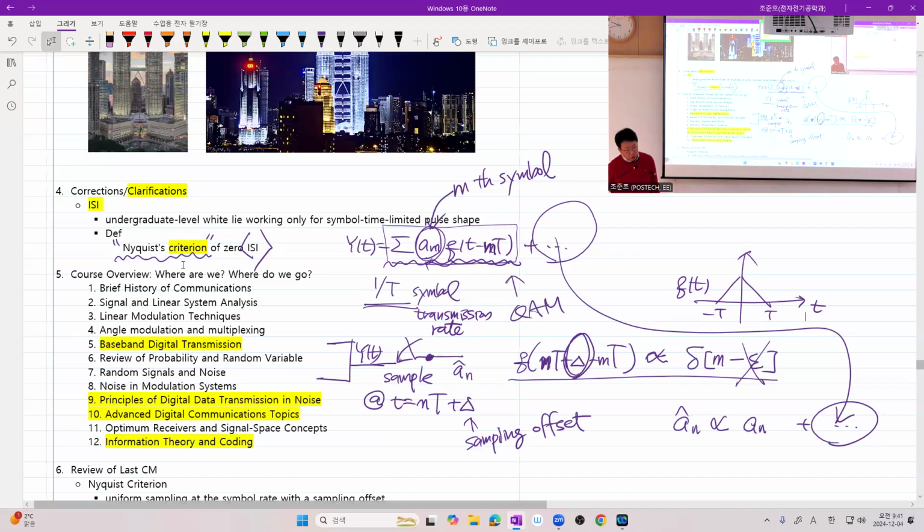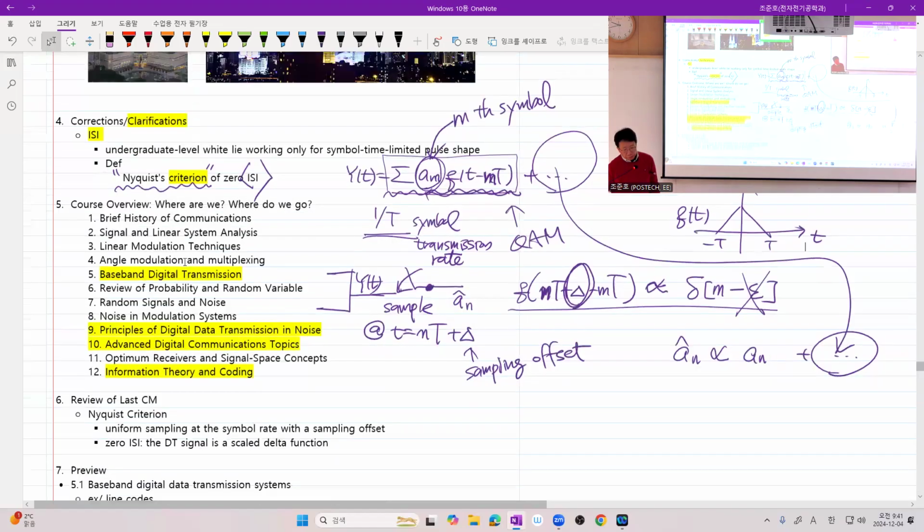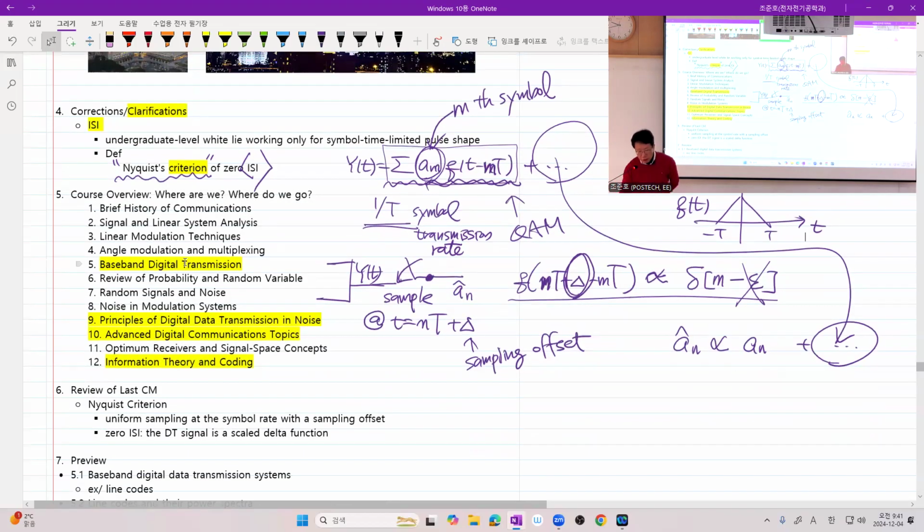And about the definition, you have this. And here goes a theorem by Nyquist. This theorem is about an equivalence theorem. What is an equivalence theorem in general?